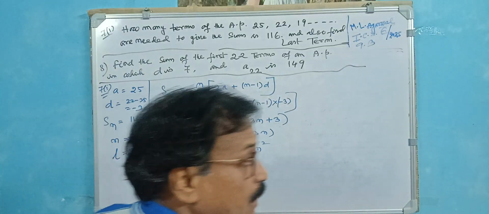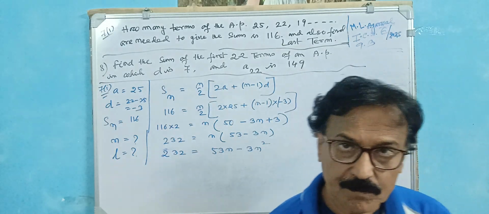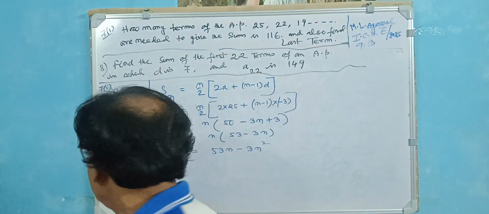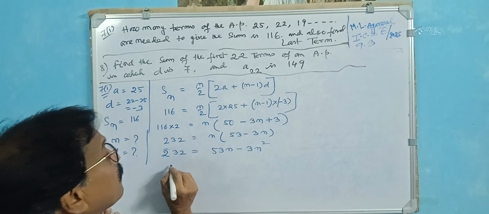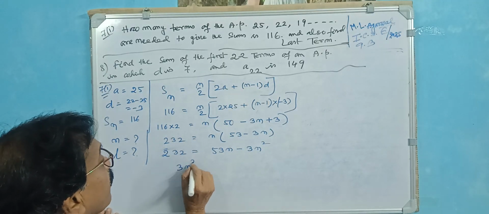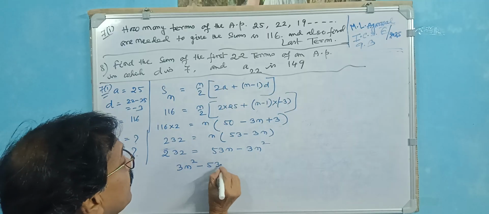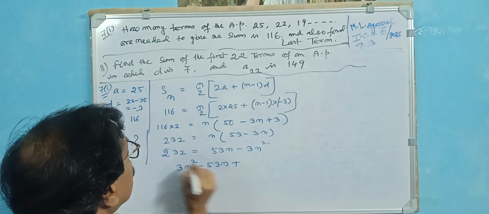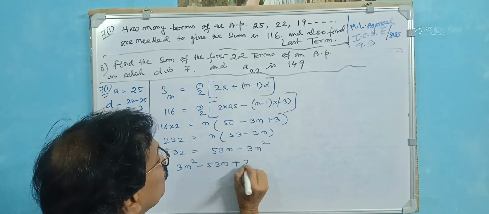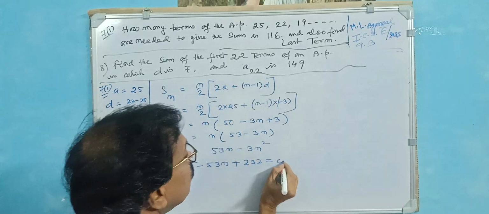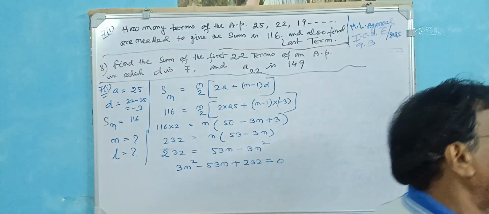The same problem: a quadratic equation arises. So you shift it to 3n square minus 53n plus 232 equals 0. From here you calculate this.